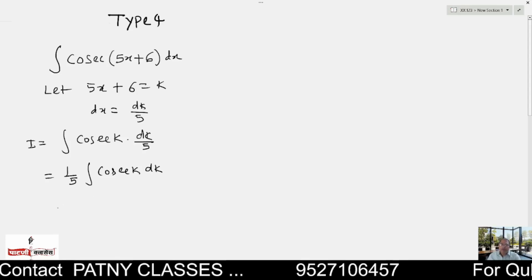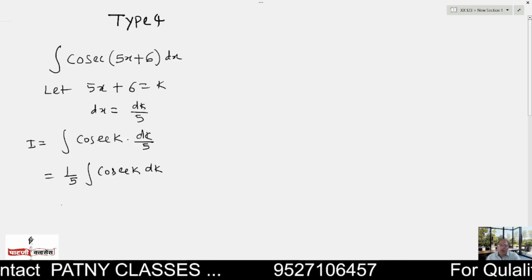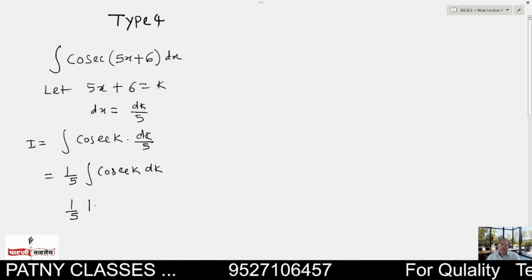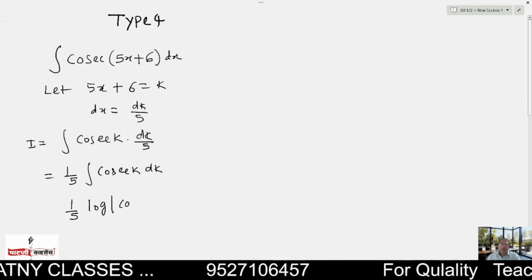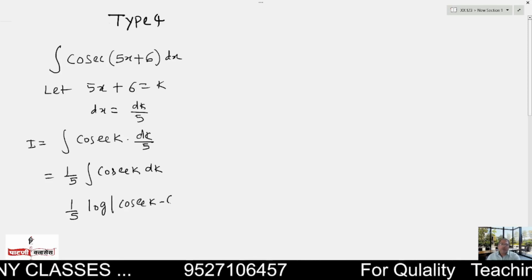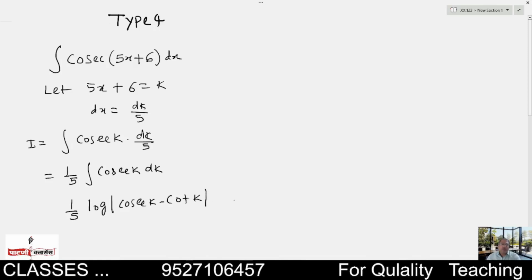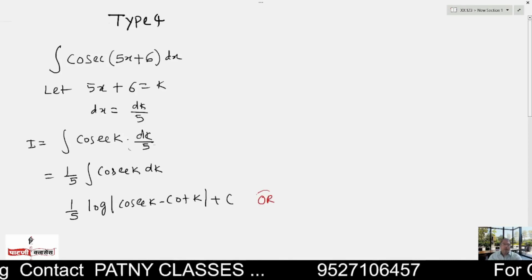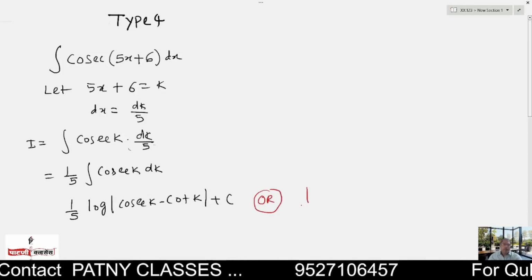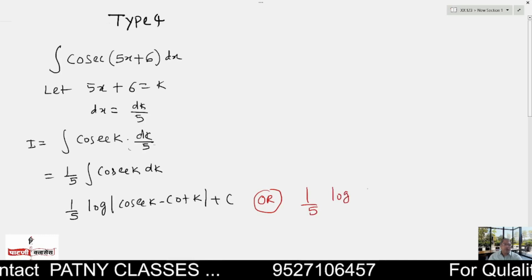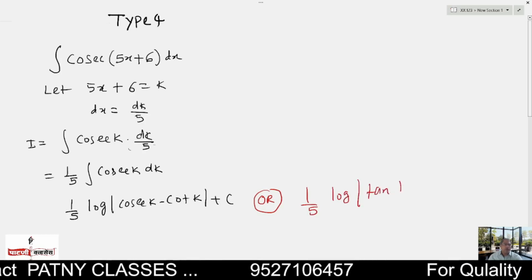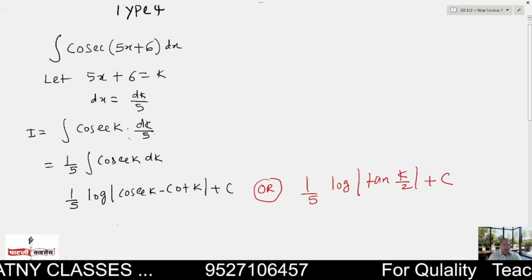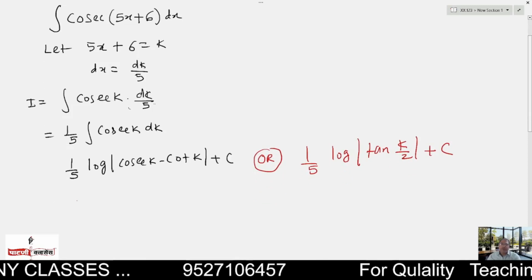We can apply either of the two formulas I told you earlier. So let me apply the first formula, integration of cosec, that is log of cosec k minus cot k plus c, or 1 by 5 log of modulus of tan (k by 2) plus c. Here k equals 5x plus 6.